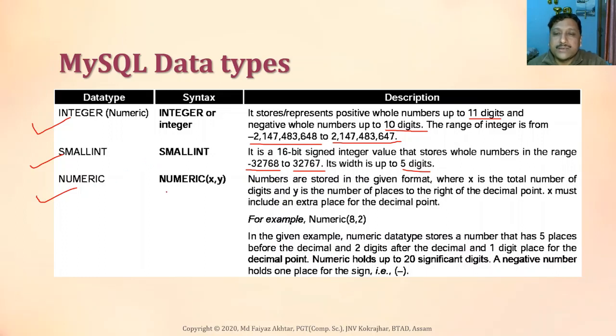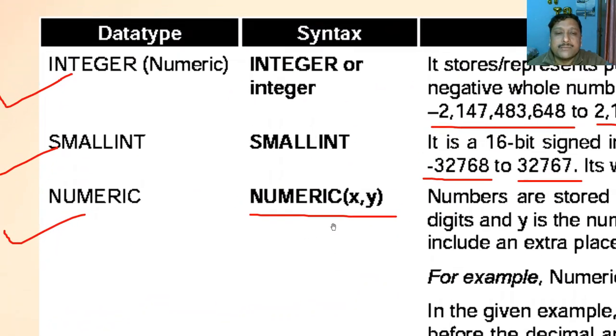If we have to store numbers in a small range, then we can use small int. Then numeric values are stored in the given format, where x is the total number of digits and y is the number of places to the right of the decimal. Numeric is used where we want to store decimal numbers, for example 45.86.